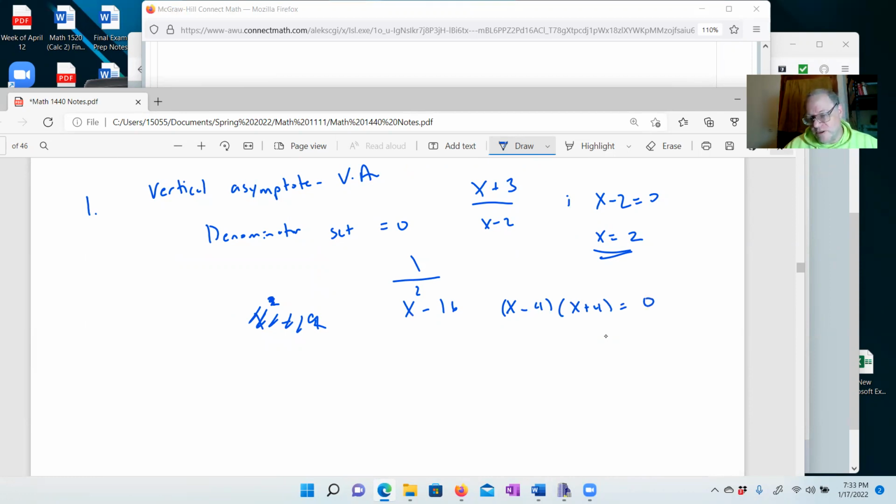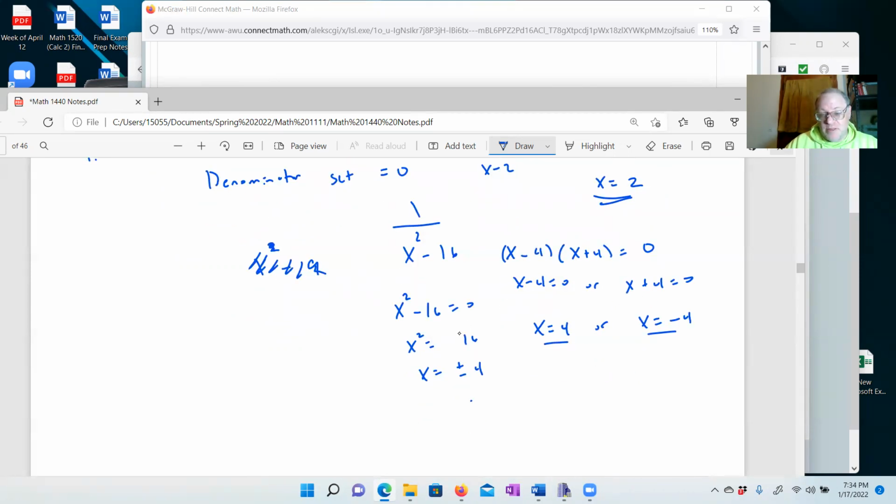Then you could also use the square root principle here and just say x squared minus 16 equals 0, x squared equals 16, and x is equal to plus or minus 4. Or you could factor and say, well, x minus 4 equals 0, x plus 4 equals 0. So x equals 4, or x equals negative 4. Same thing. That would be my vertical asymptote.